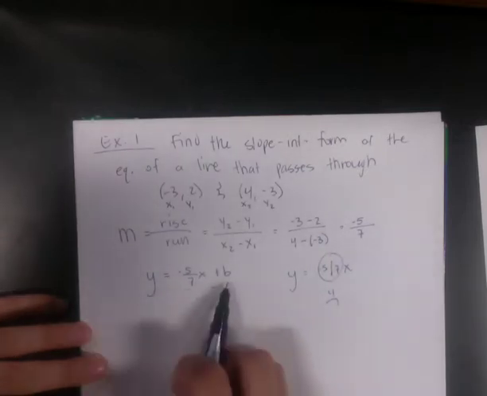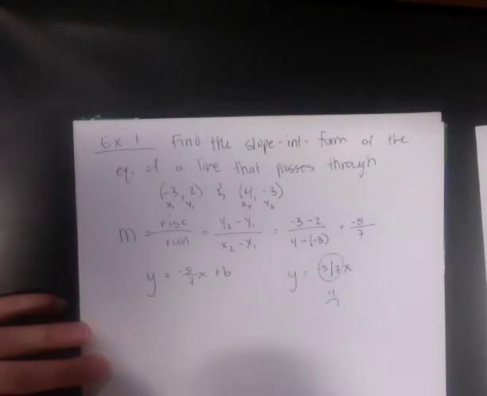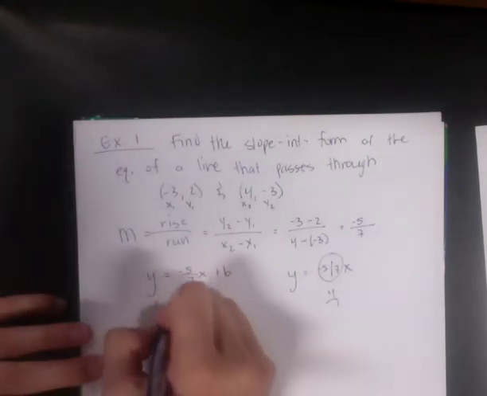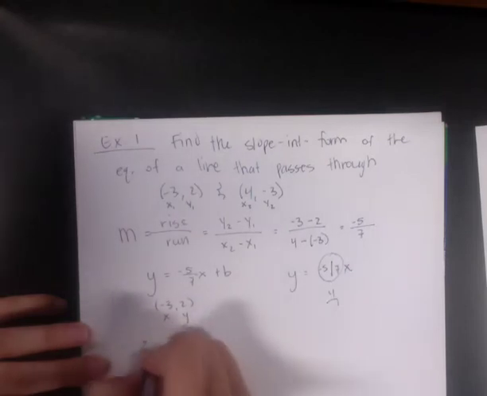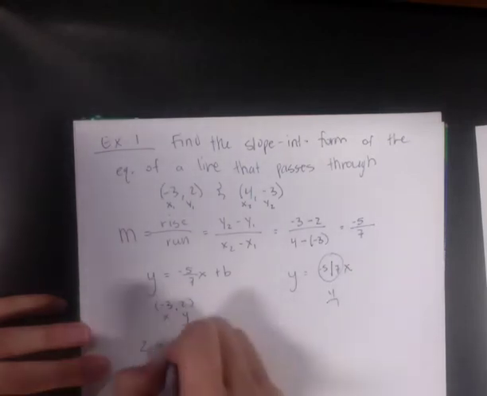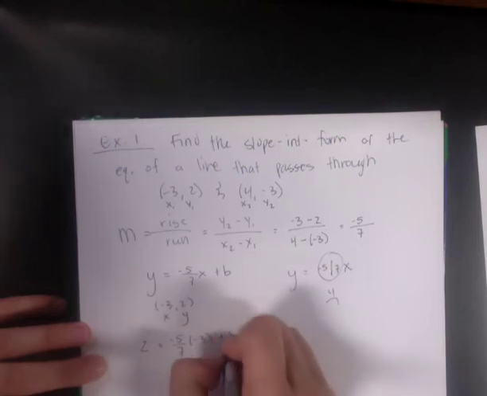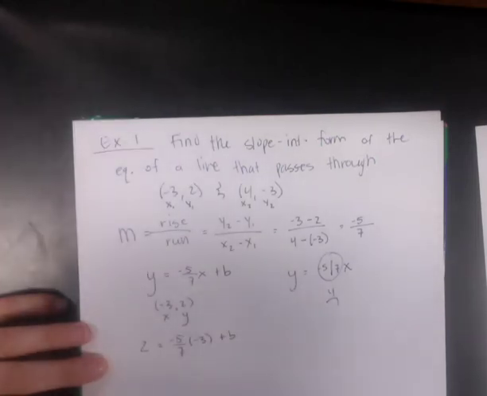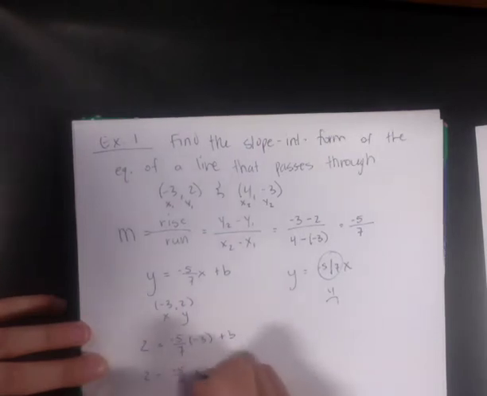Now, to find b, we plug in one of these two points. It doesn't matter which one. I'm going to pick the first one. This is my x, this is my y. So I'm going to plug in 2 for y, and -3 for x to get b. So 2 equals 15 over 7 plus b.